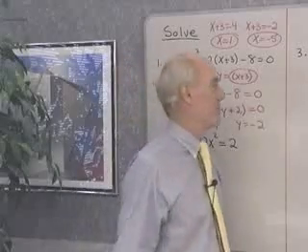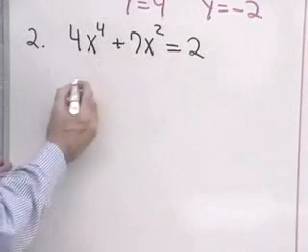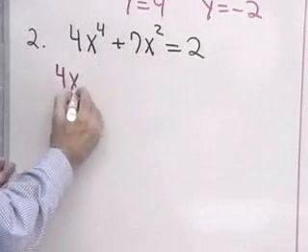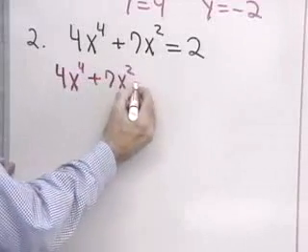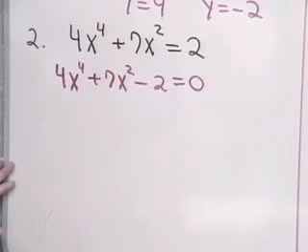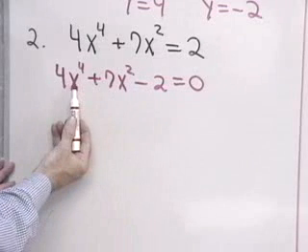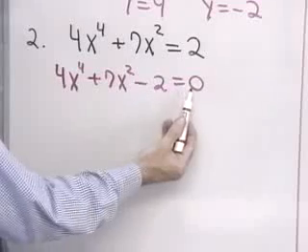Here's another example. We want to begin by writing this in standard form. 4x to the fourth plus 7x squared minus 2 is equal to 0. Next, we'll factor it. We could say let y be equal to x squared, and we'd have this 4y squared plus 7y minus 2 is equal to 0.